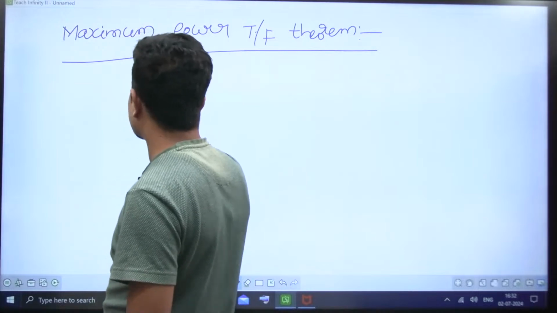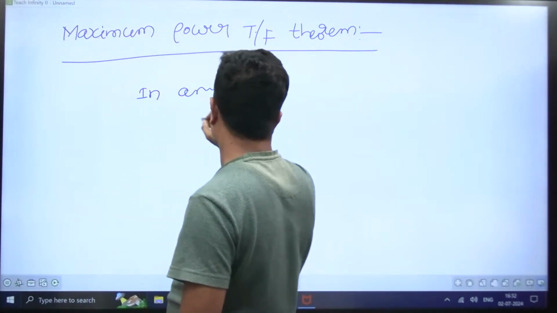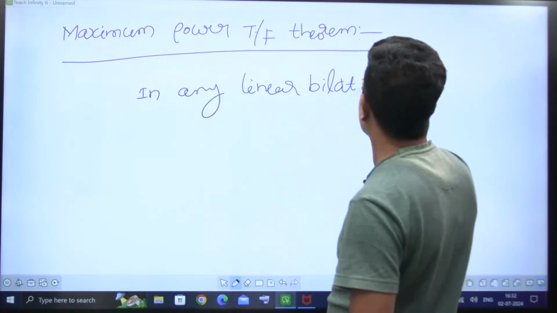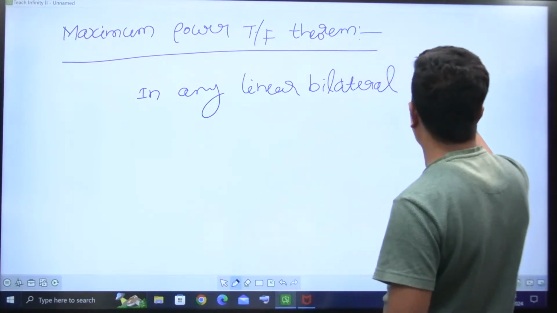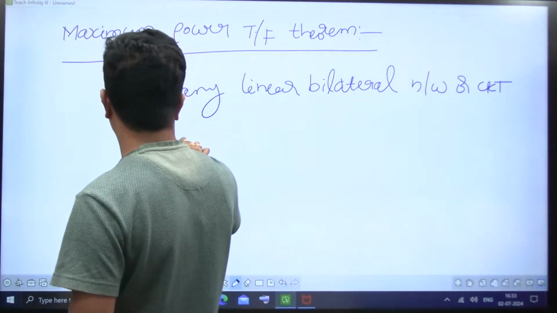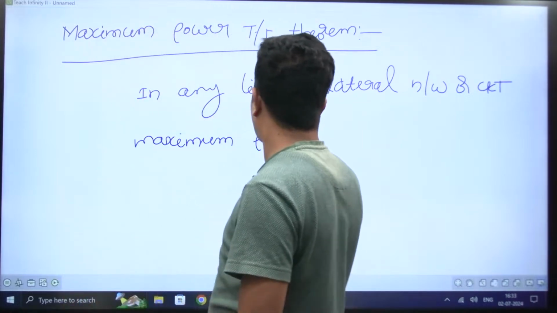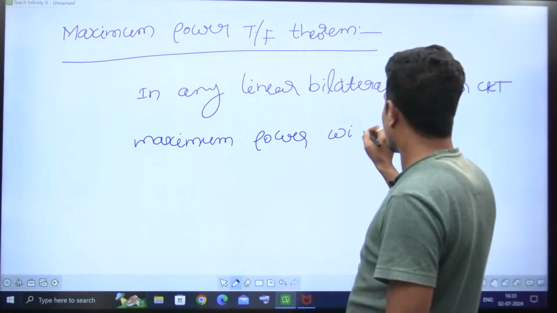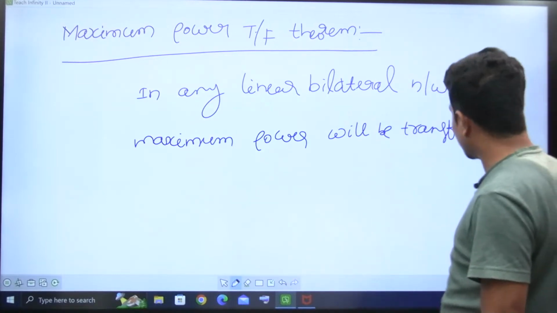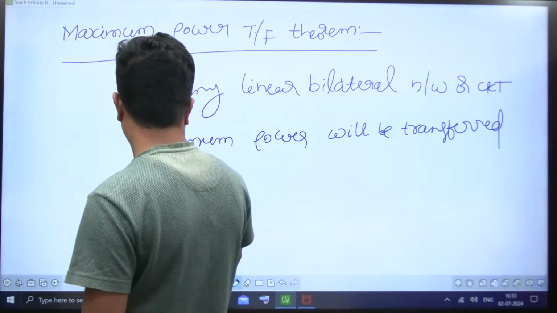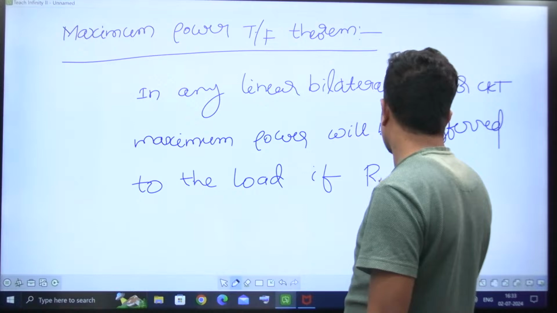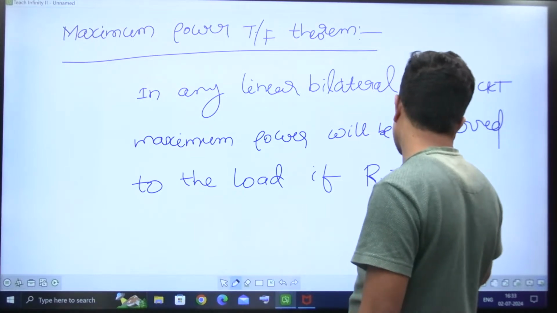Therefore, what it says is that in any linear bilateral network or circuit, maximum power will be transferred to the load if the load resistance is equal to the Thevenin's resistance of the circuit.